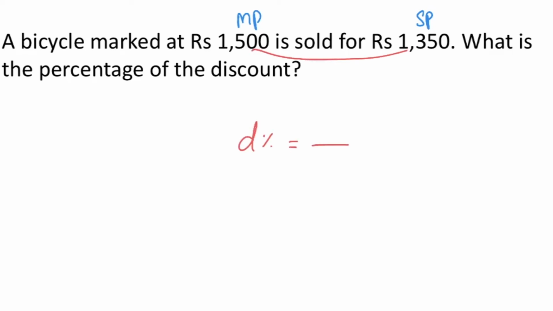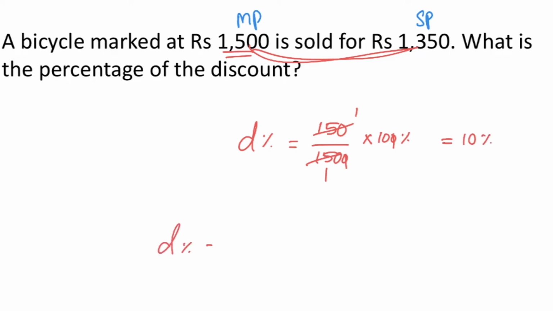Discount is how many rupees? 1500 minus 1350, 150 rupees is the discount, divided by market price 1500 into 100%. Zeros cancel, 150 ones. Answer is 10%. Discount percent formula is discount in rupees divided by market price into 100%.